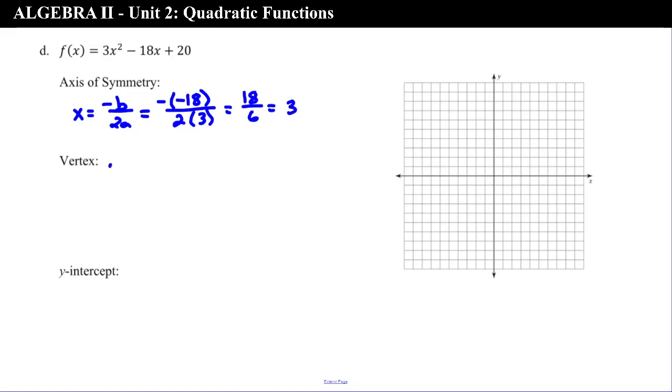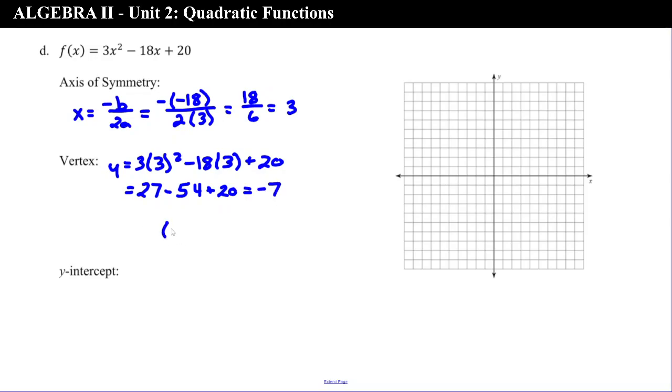Now let's plug that 3 in to find our y value for our vertex. Okay, so we have 3 squared, which is 9. 9 times 3 is 27. 18 times 3 is 54. And then we have plus 20. And when you add and subtract all those numbers together, you get negative 7. So our vertex is at 3, negative 7.